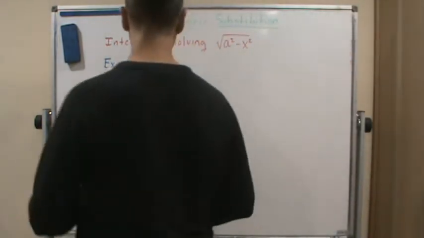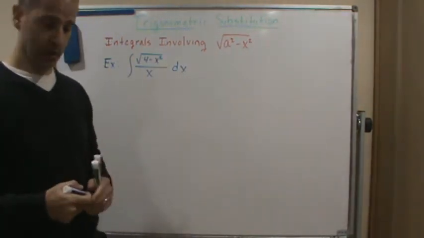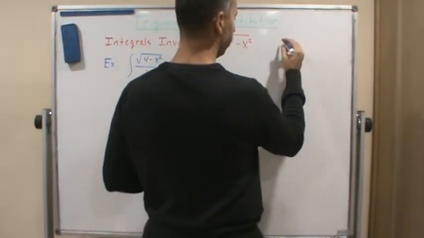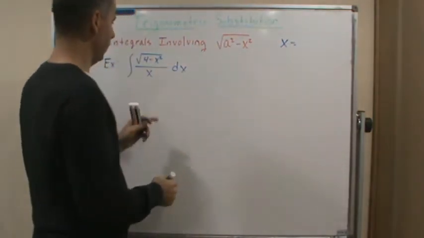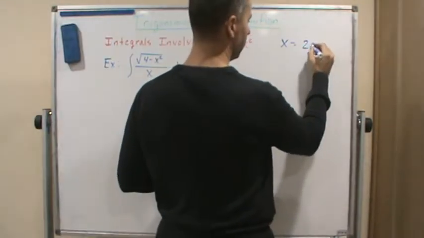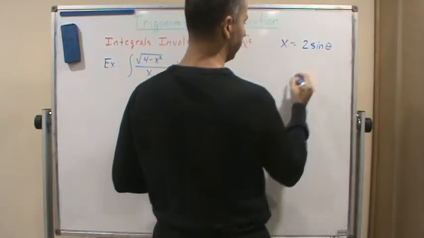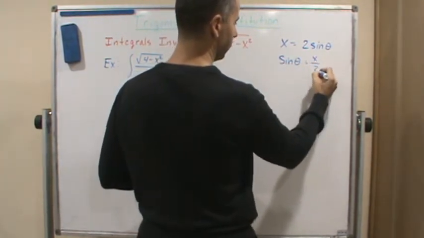So again, because it's in the form of a squared minus x squared, we're going to use the substitution of x equals a sine theta. A in this case is 2, so we're going to do 2 sine theta, or sine theta equals x over 2.